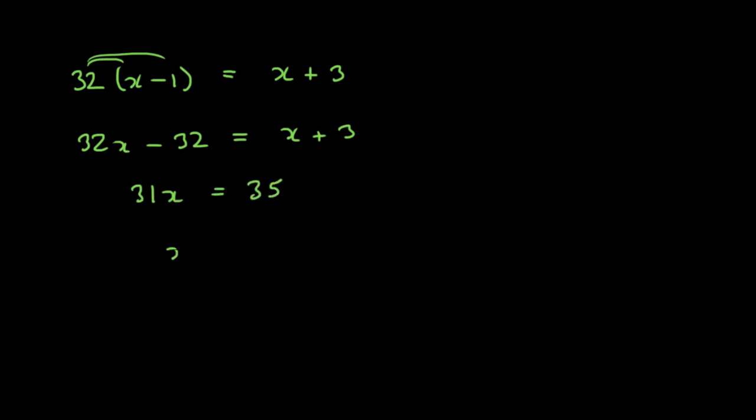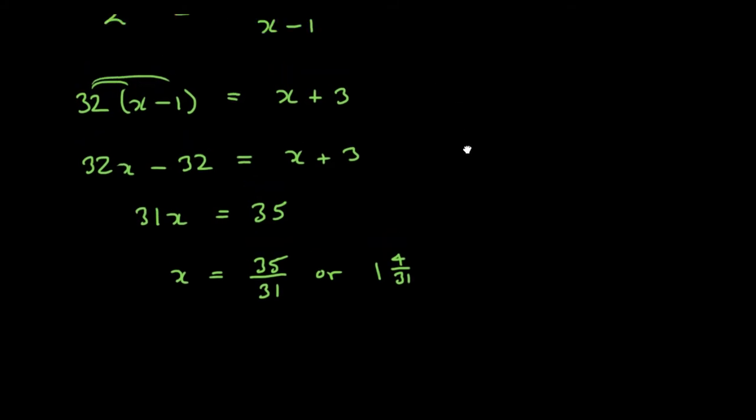So we have a strange answer, but x must be 35 divided by 31, which you can think of as a mixed fraction, it's obviously 1 and 4 over 31. So that's basically a number a little bit bigger than 1.